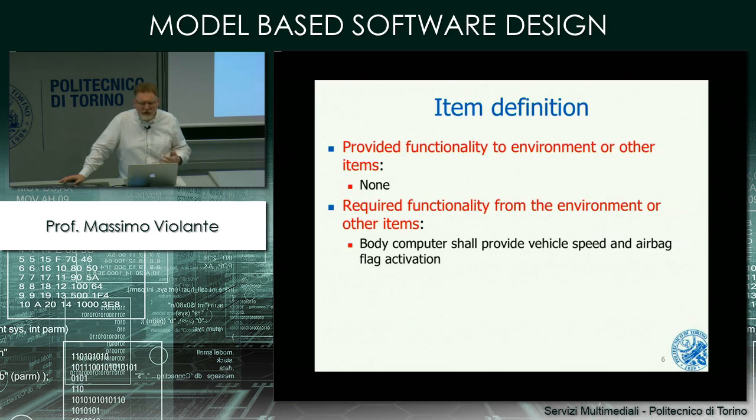Well, this is information that is distributed to other items. For example, to the powertrain, so to the electronic control unit for controlling the engine, that based on the slope in which the vehicle is moving can take different actions. Then we require functionality from the body computer to provide the vehicle speed and the airbag activation flag. Okay? This, I think, is pretty simple.